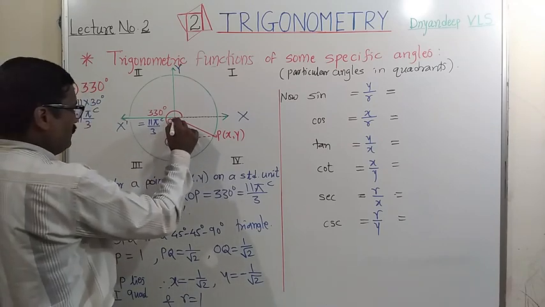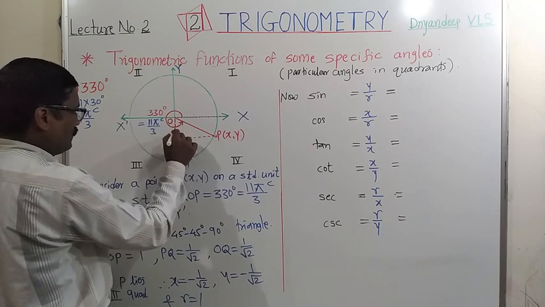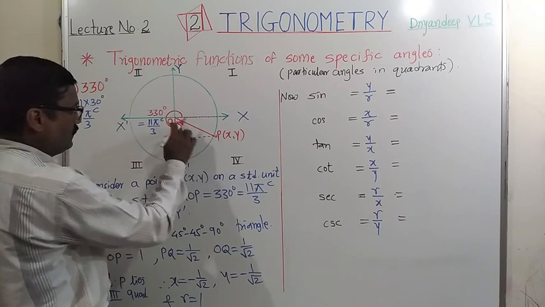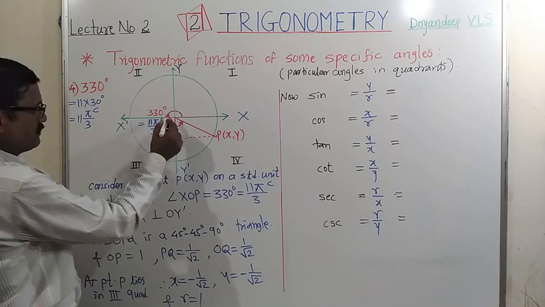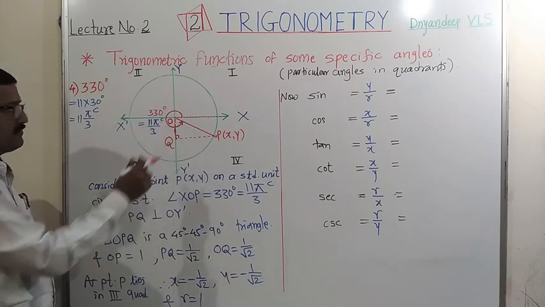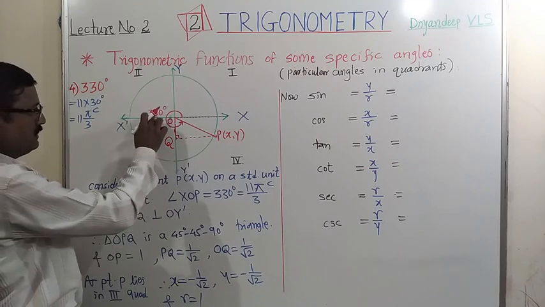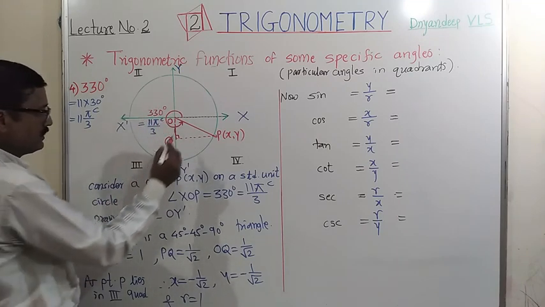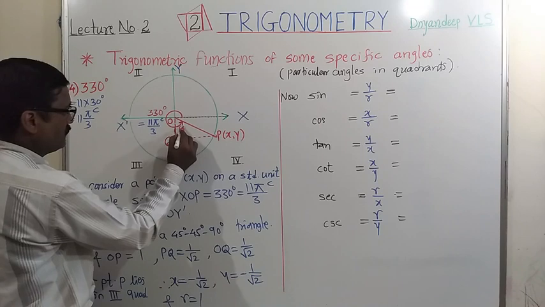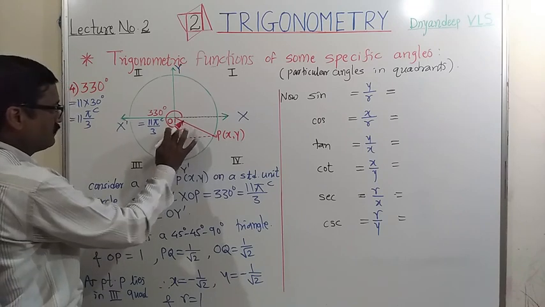So this triangle OPQ has angle measure, because this is 330 degree, this much is 90, 180, 270. 270 plus 60 is equal to 330. So this angle has measure 60 degree.